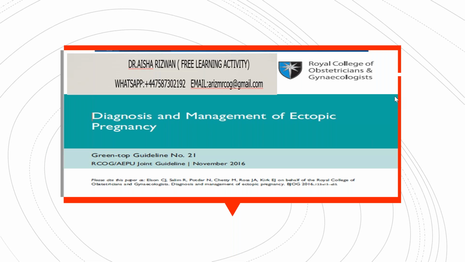See, because the success rate is dependent on the initial levels of the beta-HCG. So if the patient you have attended had a first beta-HCG level of less than 1000, then there is 81 to 98% chance that the ectopic pregnancy will be treated successfully with methotrexate only.